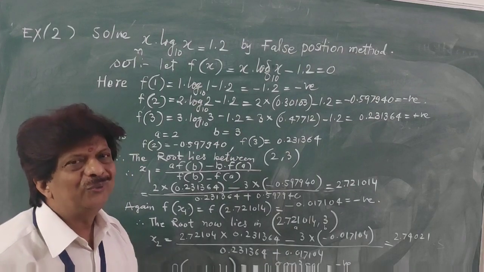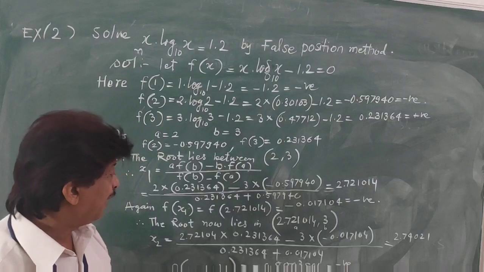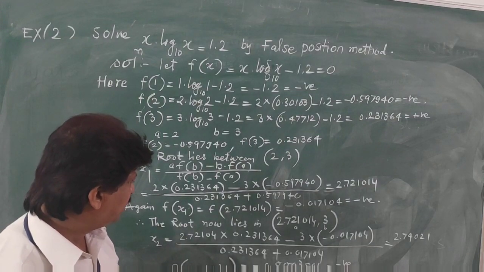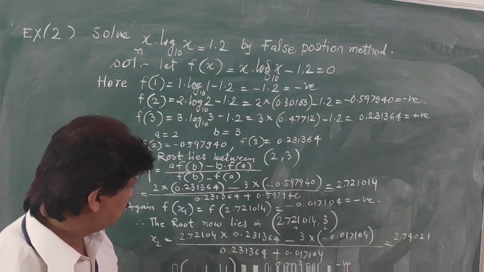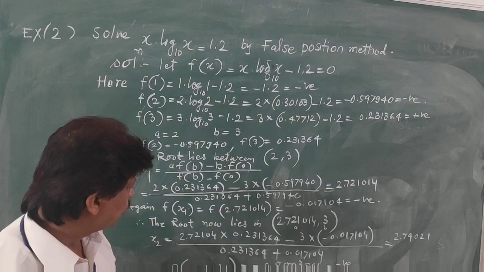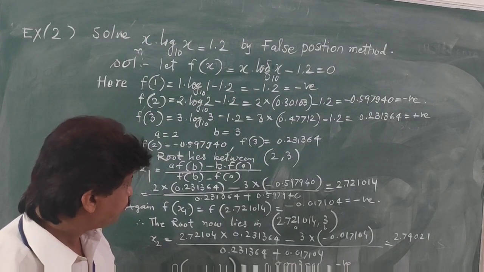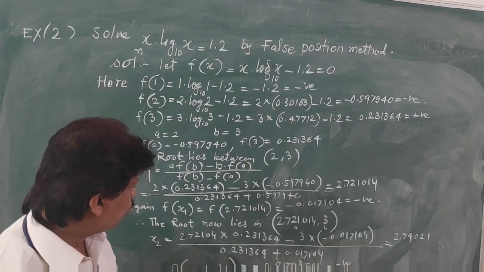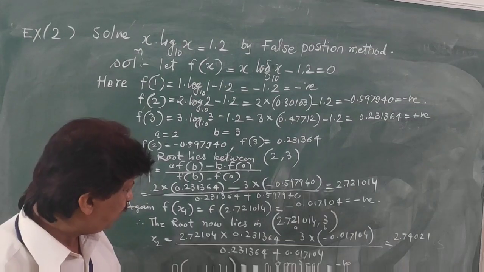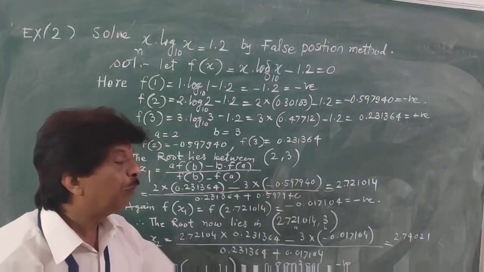It is a positive number. The f value of x2, 2.74021, is negative, and the f value of 2.740627 is positive.